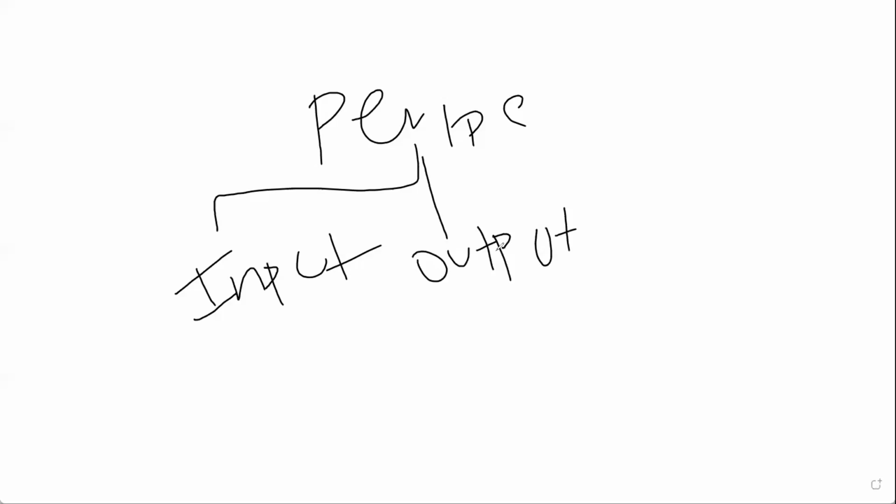Peripheral devices are devices that are connected to a computer, and they are categorized into three: input, output, and storage devices.